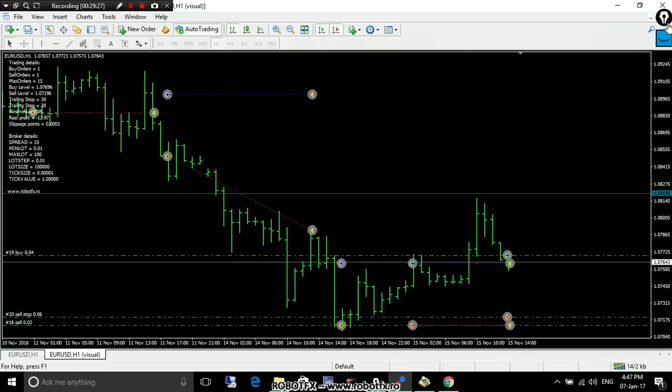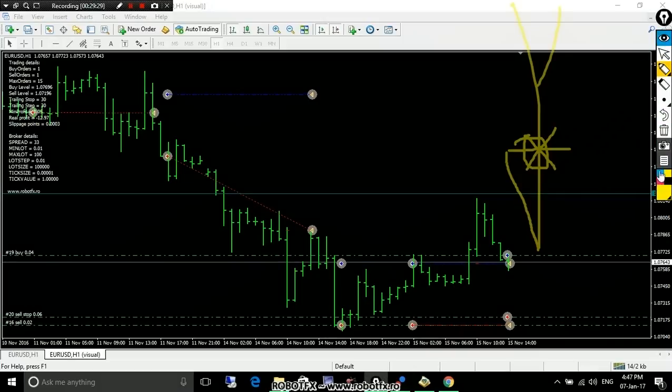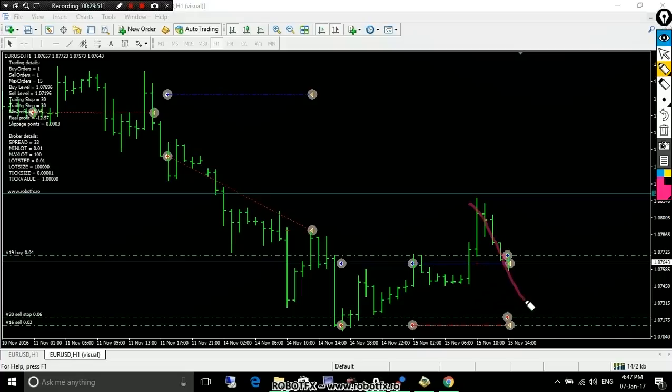The price, let me use this pencil, the price dropped enough to hit the stop loss and close the buy here, but not enough to go under it and place another pending buy as it should have happened.